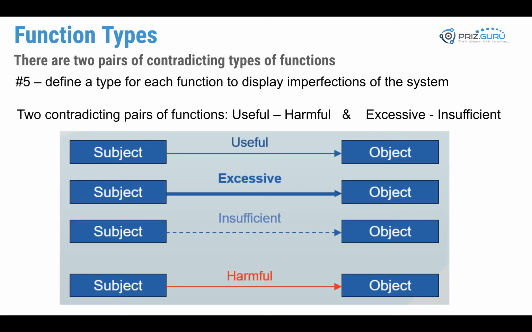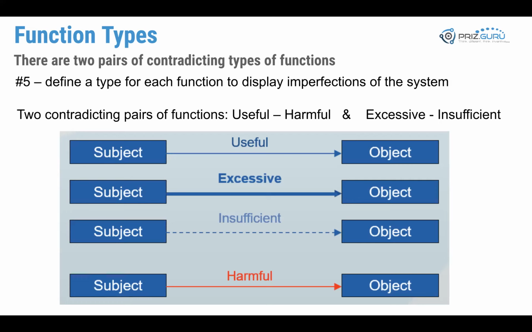It produces that torque too much, more than what we expect, more than what it's been built for. And on the opposite, we have the insufficient. The engine gets a certain amount of fuel, but it doesn't produce the same torque or the same power that it's supposed to. That would be an insufficient function. Again, 2 contradicting sides: excessive, insufficient.